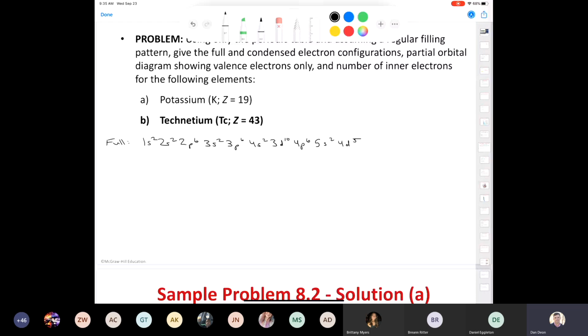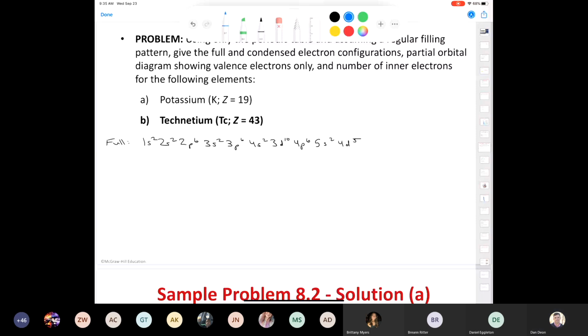Let's get on the condensed bandwagon here. So the noble gas that precedes technetium. Who could tell me what it is? Does anybody know? Matthew, do you know? What's the noble gas that precedes technetium? Not meant to be a mind-boggling question. Yeah, that's right. It's krypton.